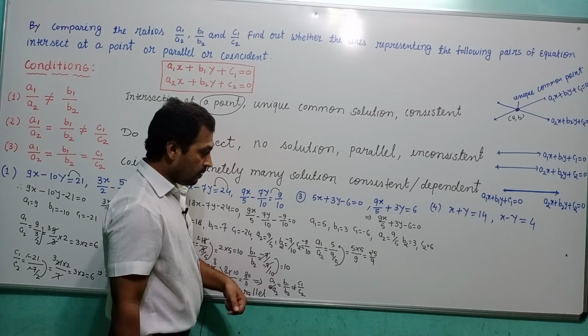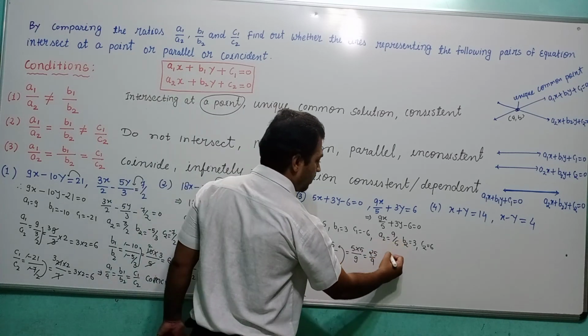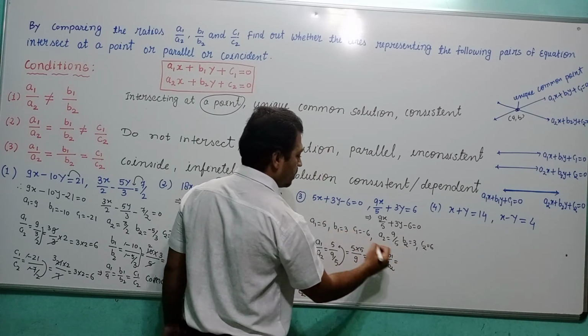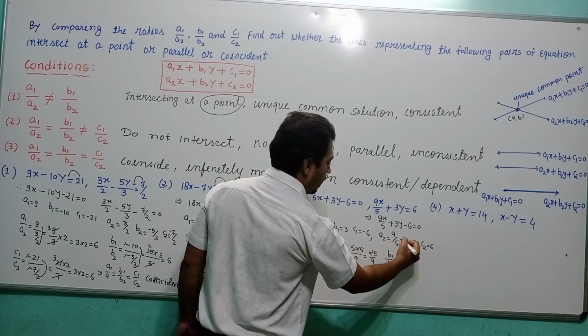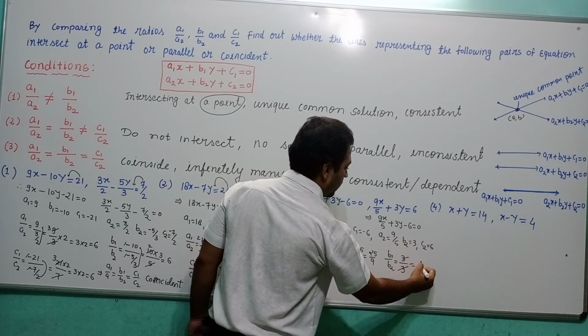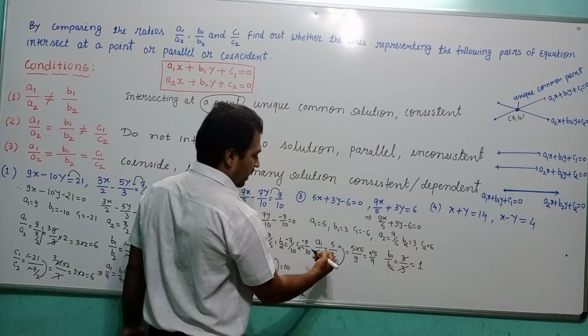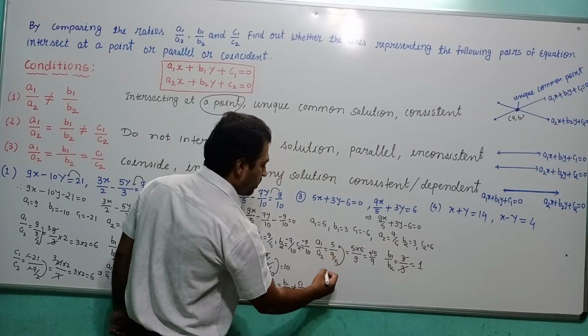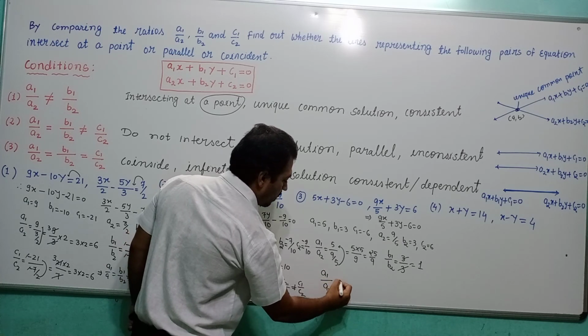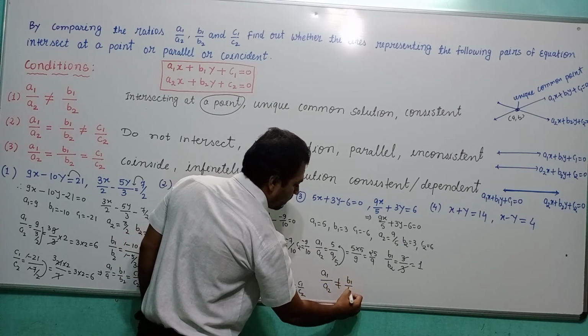Now b1 by b2, what is the value of b1? 3 and b2 is also 3, cancelling, we are getting 1. So students, here you can see that a1 by a2 is not equal to b1 by b2.